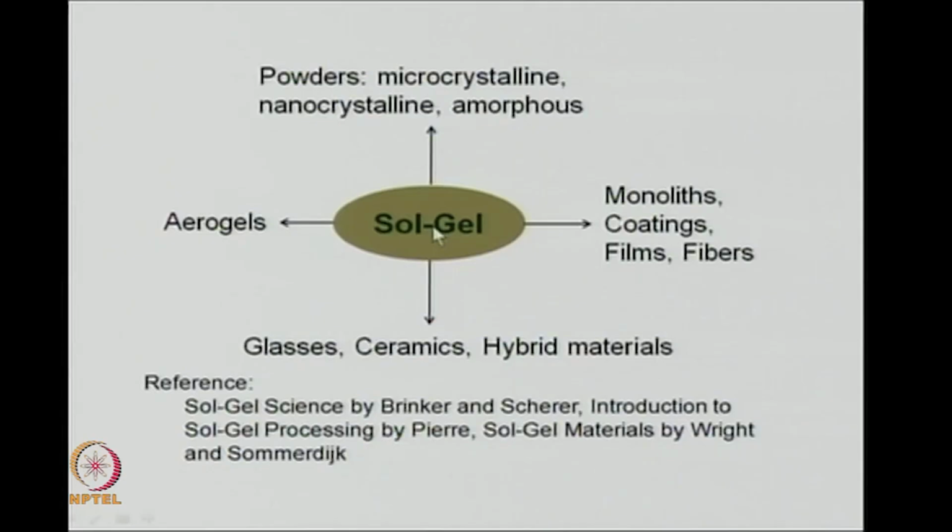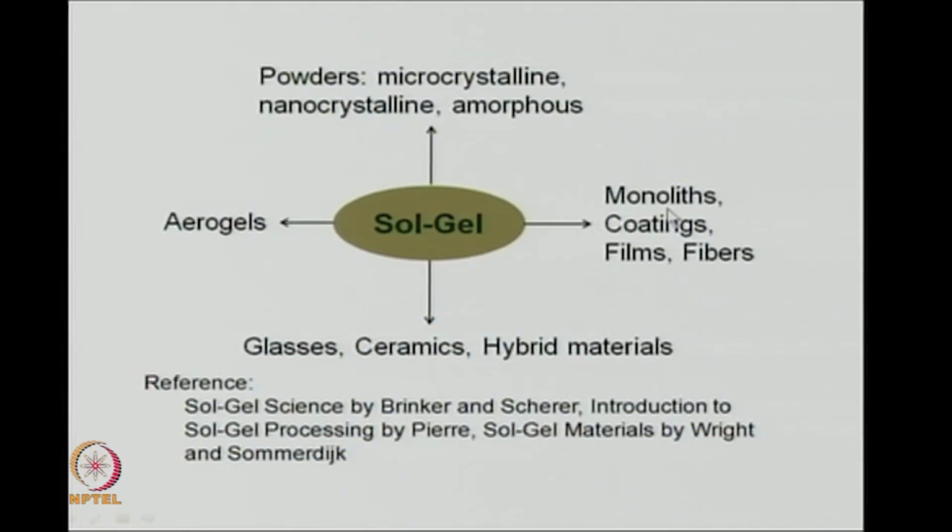You can make aerogels, that means you can have a porous network structure. If you remove the liquid from the gel without destroying the structure, you get a porous structure which is called an aerogel. You can also get a monolithic structure by the sol gel route.